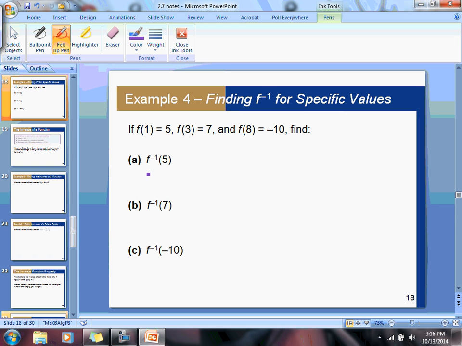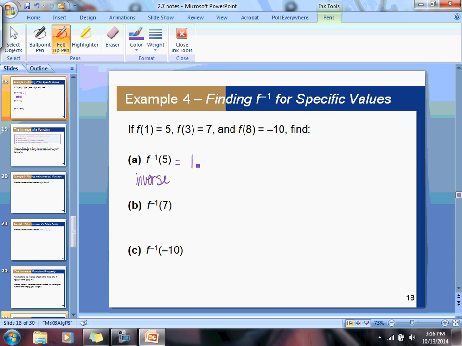But if they tell us to find f to the -1 of 5, remember again, this means to find the inverse. That f to the -1, that -1 exponent, when it's written with that function notation, tells us to find our inverse. So find the inverse of f of 5, f to the -1 of 5. That means they want us to start at 5 and go back. So we would have a value of 1.